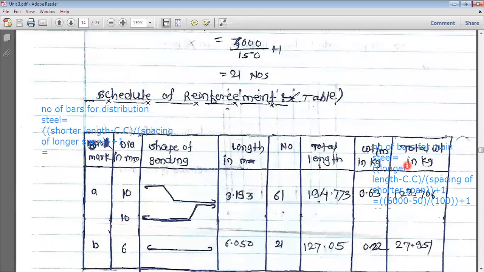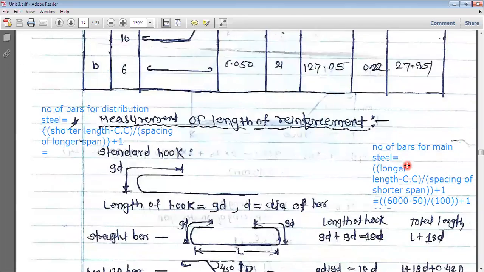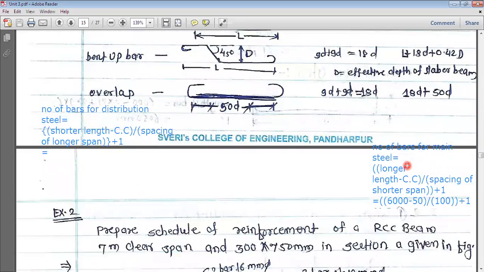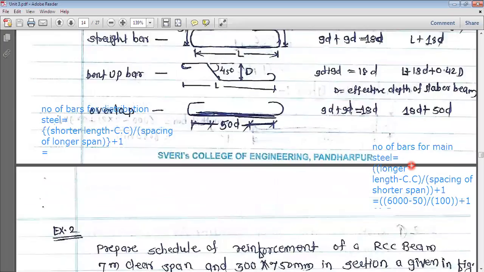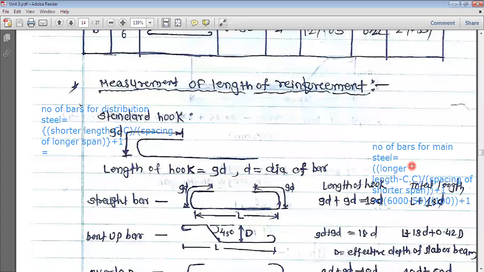Now is there anyone having any problem? Otherwise I will give you one problem to solve at home, for the slab. I will give you one problem of the slab.